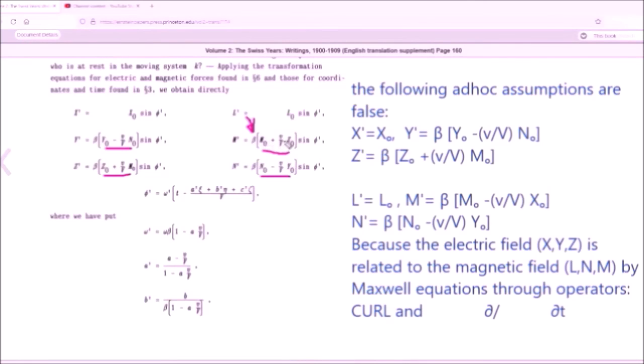He just assumed that if the mass is moving, the magnetic force will be modified by another factor, v over c squared. We don't even know how he arrived at that conclusion. That term is completely hypothetical. There is no proof for that term, and there is no proof for multiplying by beta in this transformation.